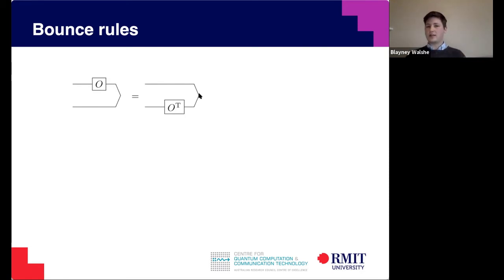So for an EPR state, that's position. And that leads to some nice bouncing rules. So the transpose of the position operator with respect to the position basis just leads to position, but for momentum, it leads to negative momentum. And most of the operators can be bounced using these simple rules.